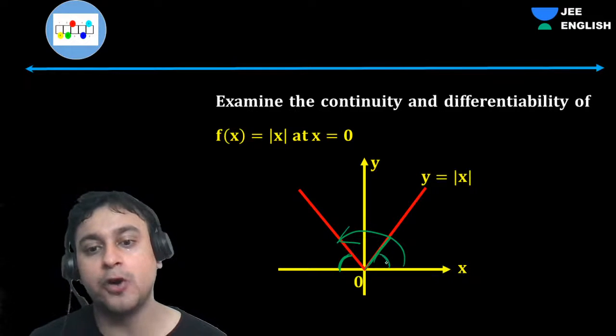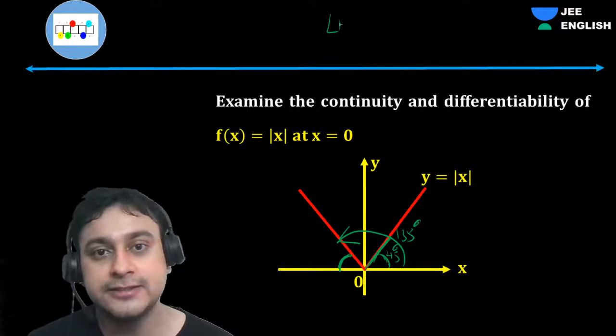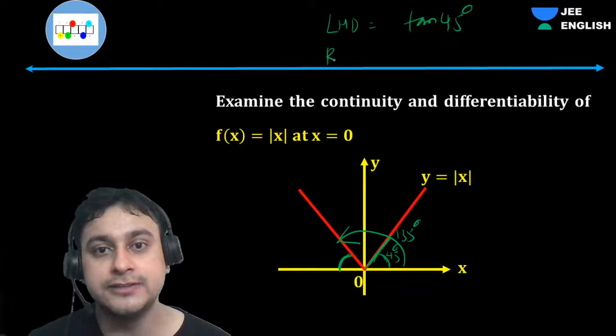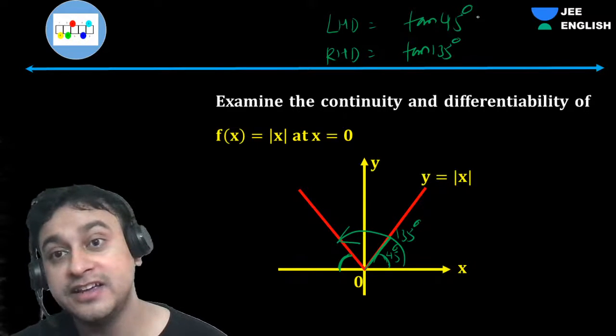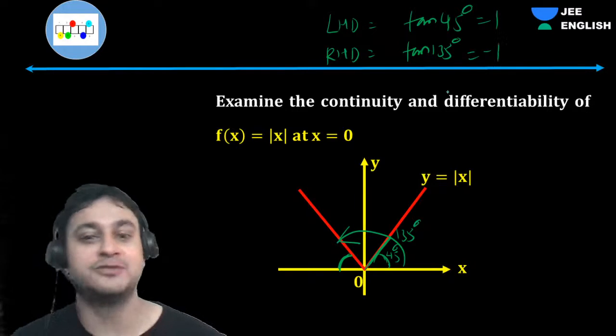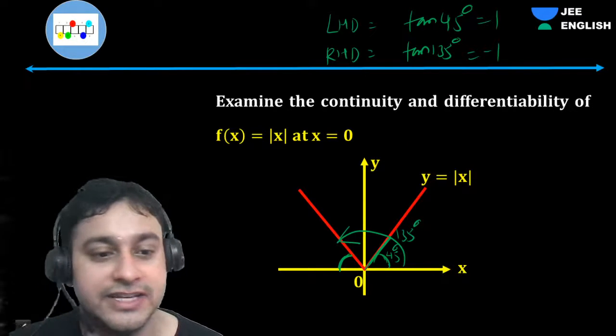If you look at the slope here, this is 45 and this is 135, right? So LHD is tan 45 and RHD is tan 135. So LHD is 1 and RHD is minus 1. Isn't it? Sorry, I just changed it.